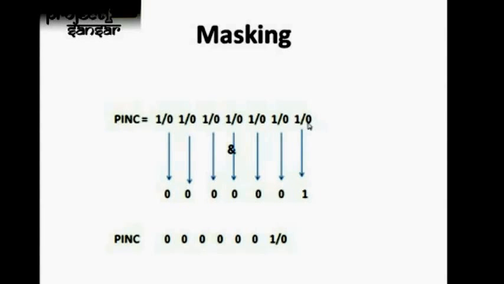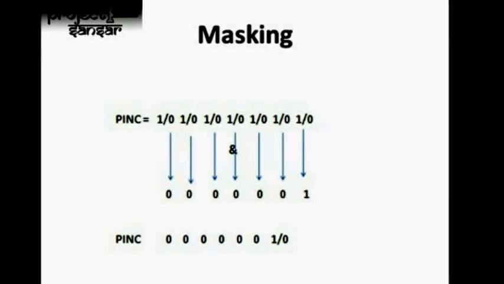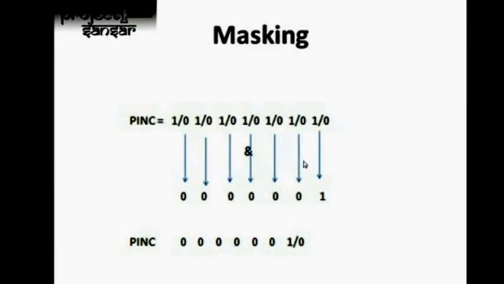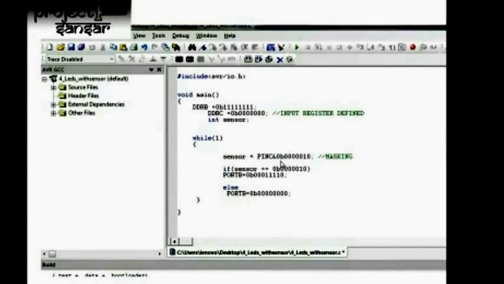If my sensor output is off, then it ANDs with 1 and it gives you an output 0. So now my input reading is solely dependent on pin 0. This is the concept of masking.